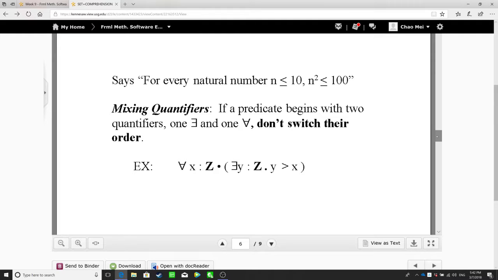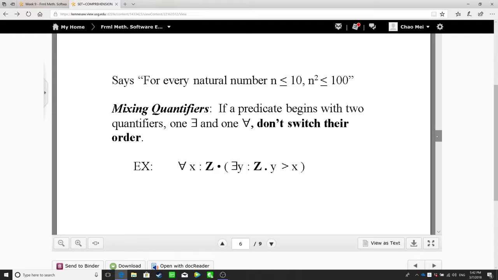For all the integer x, which belongs to the integer, there exists a y that is also integer and y greater than x. Means for every integer x we have another integer y that is greater than x, which also means for every integer we can always find another integer that is greater than it. Is this true? As far as I know, yes. Yeah, this is true.